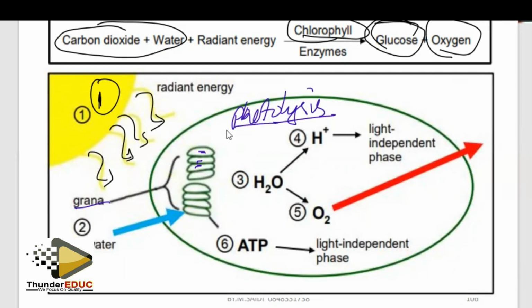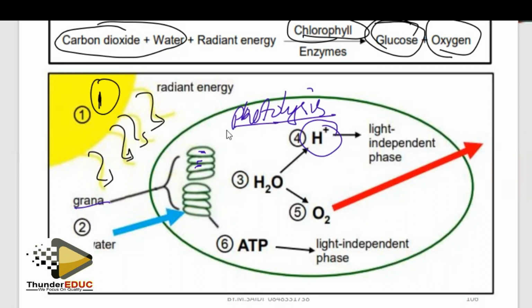You are splitting using light. So this light is going to help carry out photolysis. Photolysis occurs when water is split. There is a chemical way to present it, but generally this is what is happening.